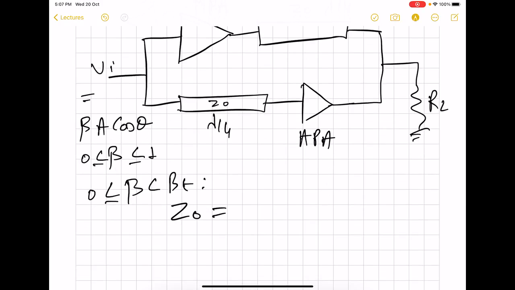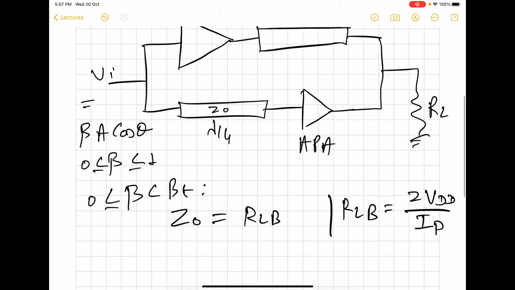Z0 should be equal to RLB, where RLB is the load corresponding to class B of operation when the drain voltage attains the maximum swing of VDD. And this RLB is defined in this way.